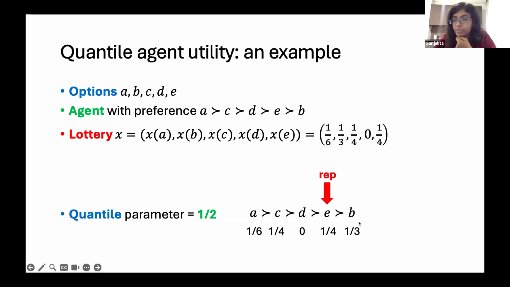If I look at B here, the probability at B is 1/3, which is at most half. But when I sum these two values, it is more than half. That means E is the representative for this particular lottery if my quantile parameter is half. Is the definition clear so far? Okay, I will move on.